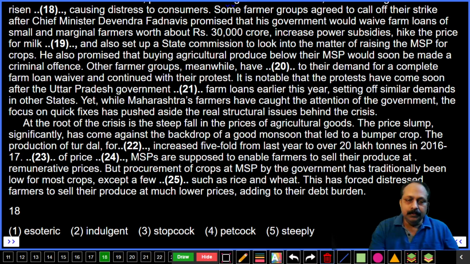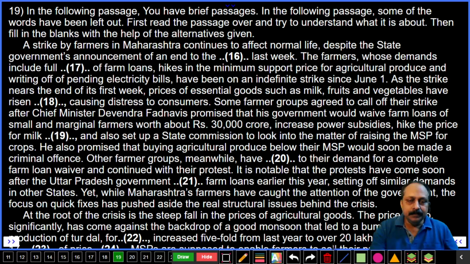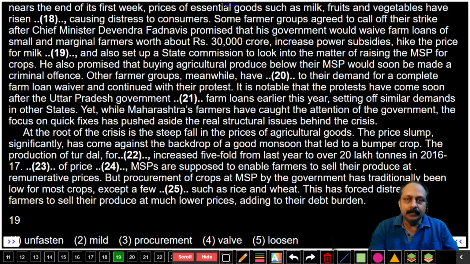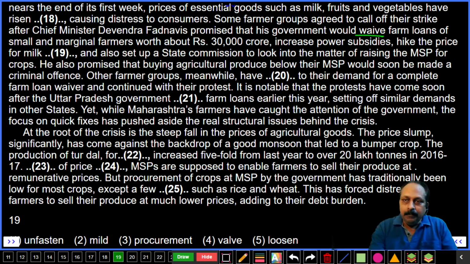Let us go to 19. Would waive, the word has been used here. Waive farm loans of small and marginal farmers worth about rupees 30,000 crore. Increase power subsidies.